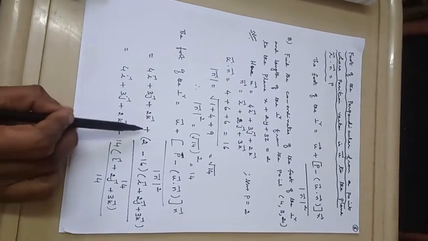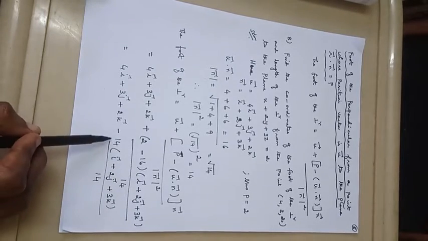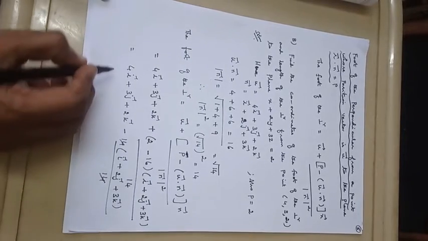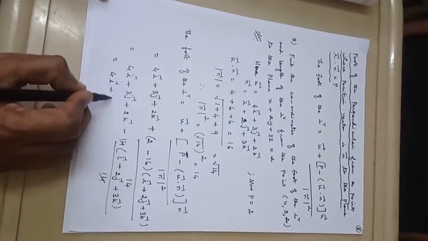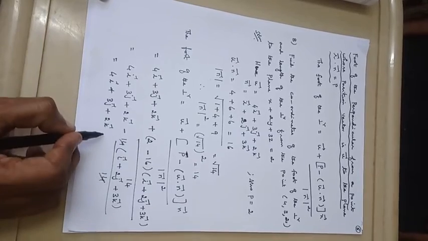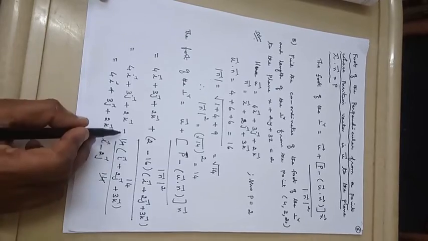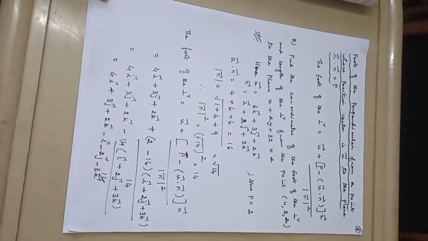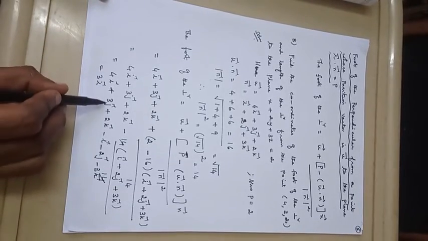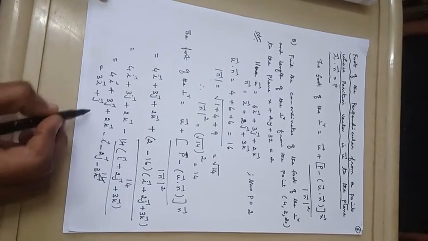Now 14 and 14 will get cancelled, so you can write this is equal to 4i plus 3j plus 2k, minus i, minus 2j, minus 3k. Is it okay? So what is 4i minus i? 3i.